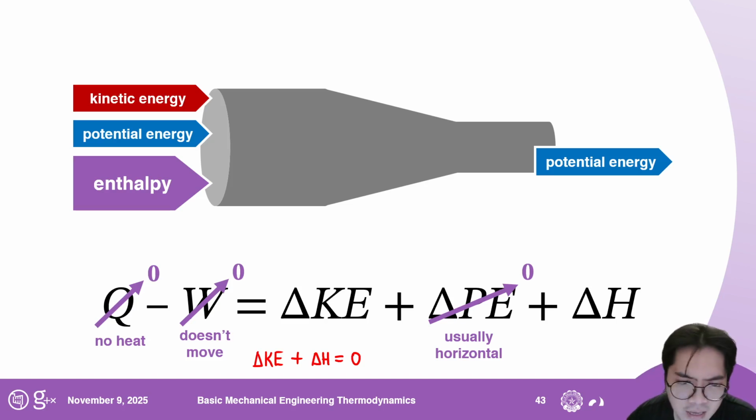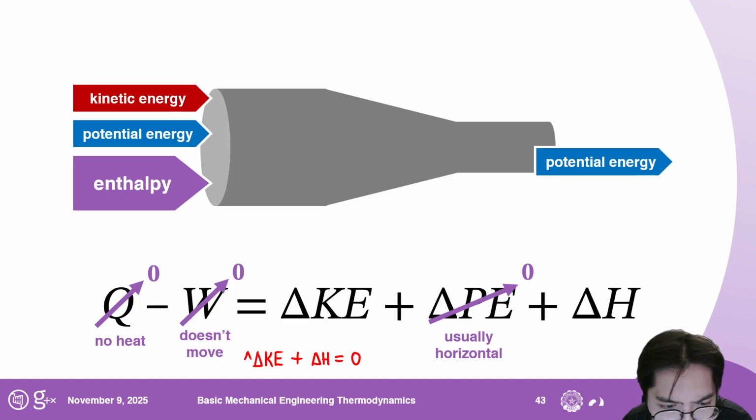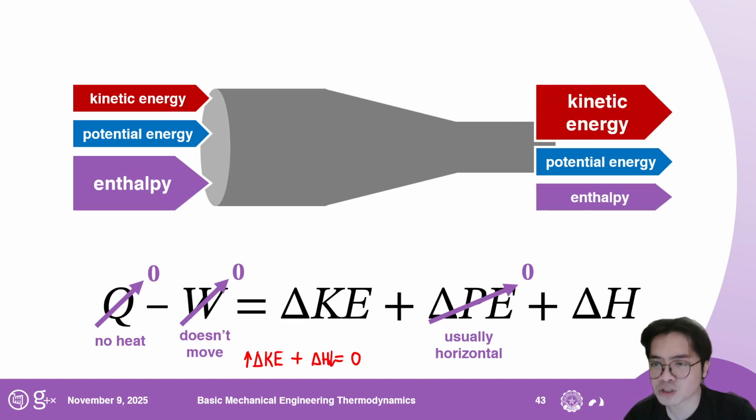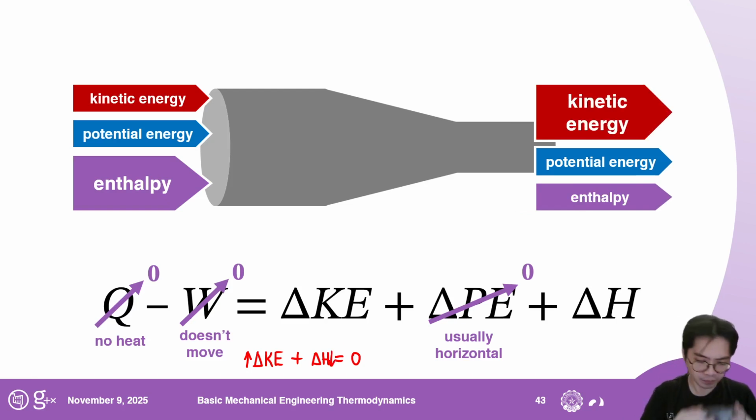If the kinetic energy rises, then something else has to fall. The only thing that can fall based on this first law is the enthalpy, which means, boom, they will now switch places.